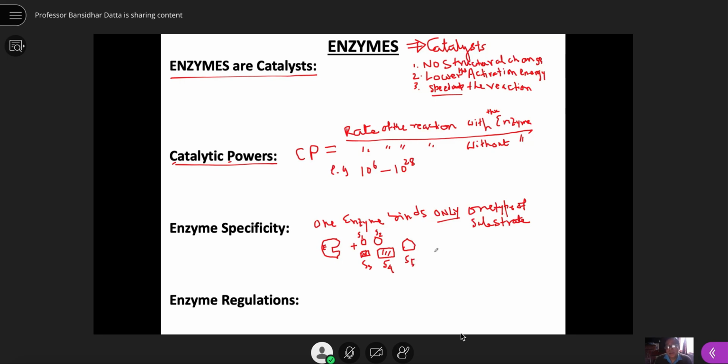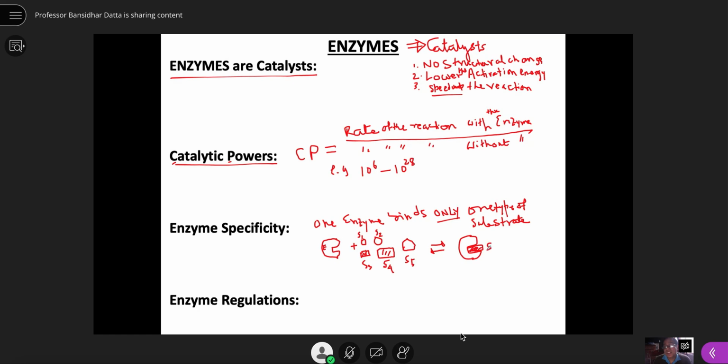Now, who can tell me which one will bind to the enzyme? Among these substrates, which one will bind to the enzyme? Tell me, I'm going to wait for your answer. S3. Does everybody agree? And in fact, it is. That's right. So basically, S3 will bind this way, because it has the same type of configuration.